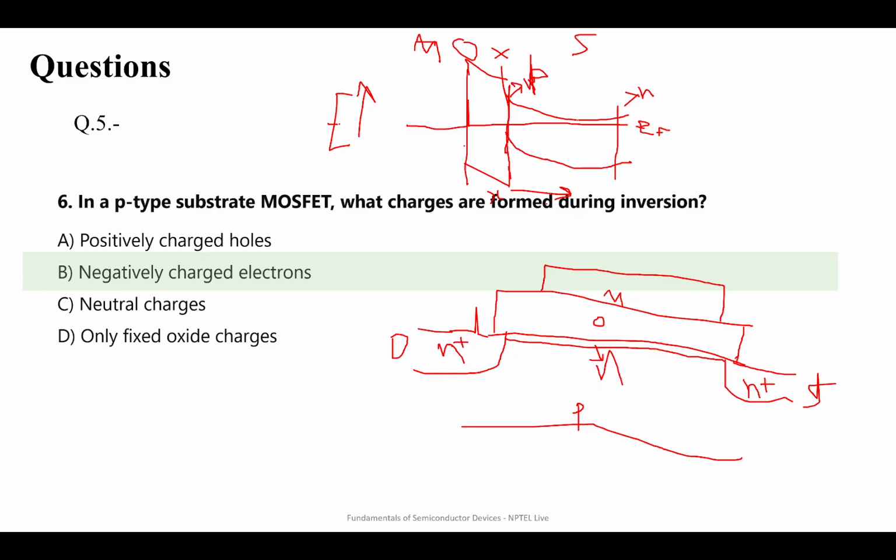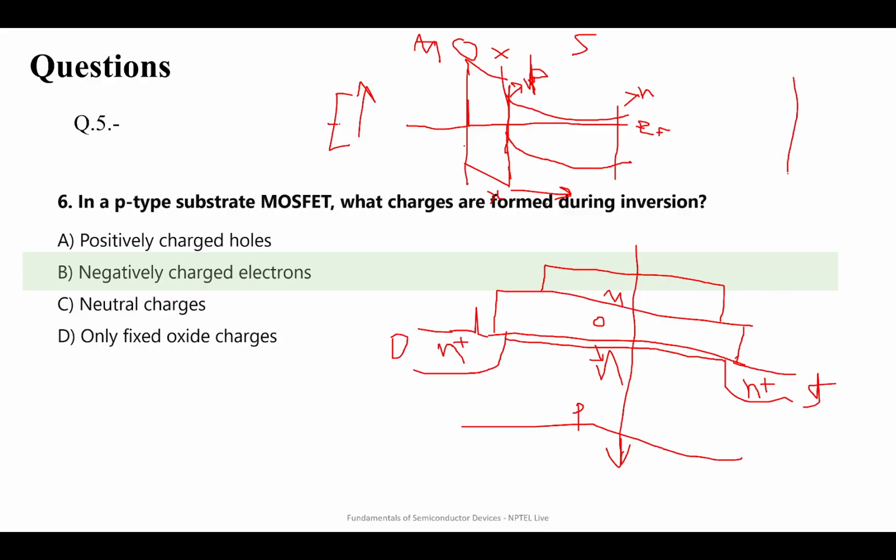So that is how your MOS works. If I draw a cross section this way, then I will see this diagram, or this is P inversion in N type.